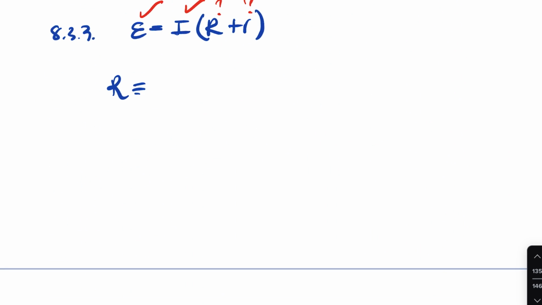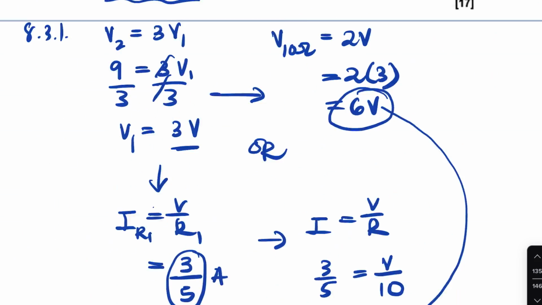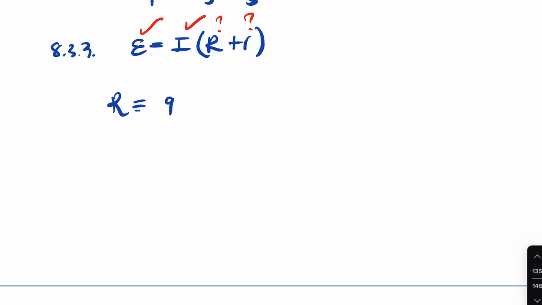So the R external is going to be made up of 9, which is this 9, plus the parallel. Okay, let me put it this way. Let me say R external is equal to R series plus R parallel.